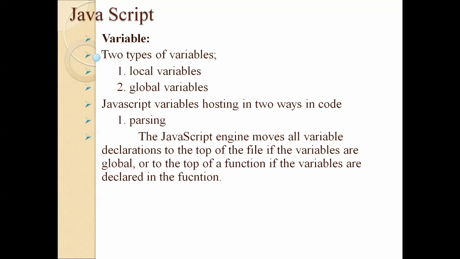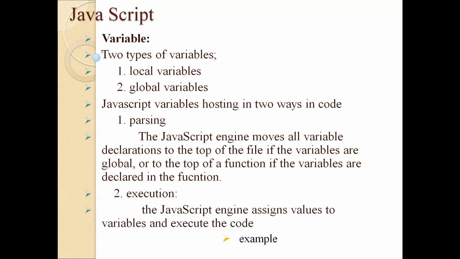If we define a global variable, the JavaScript engine will move that global variable to the top of the file. And if we declare a local variable, then the JavaScript engine will move that particular variable to the top of the function, right?